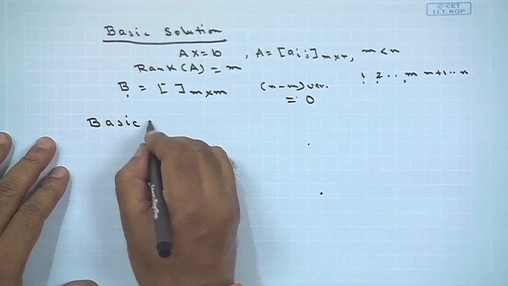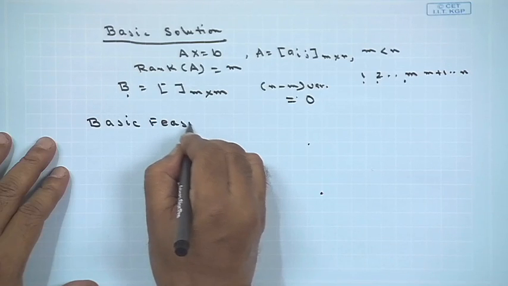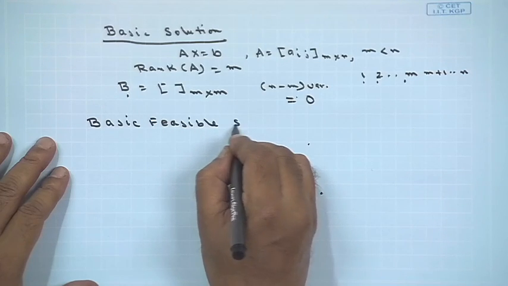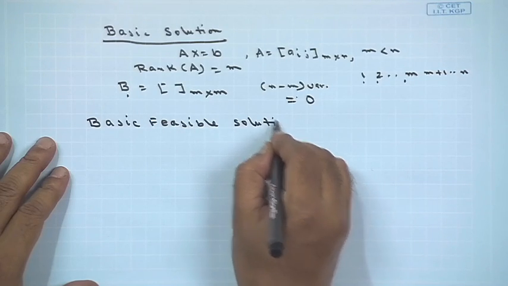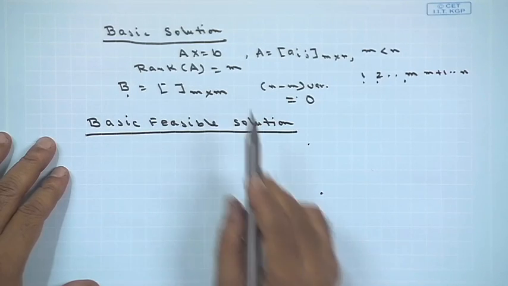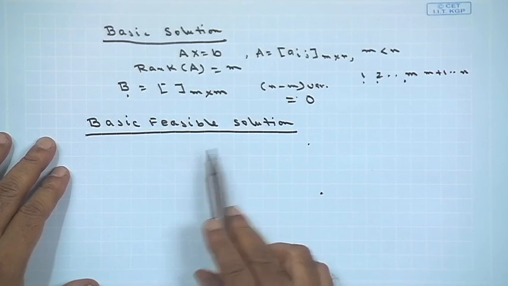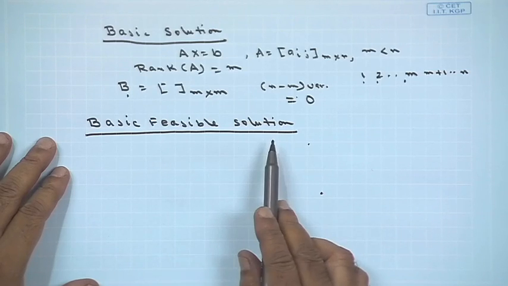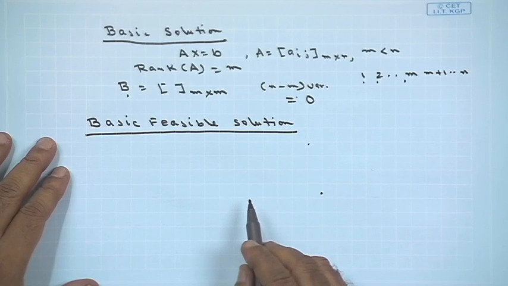Then there comes basic feasible solution. We have done earlier the feasible solution, we have done the basic solution. So, now come to the basic feasible solution. If you remember, feasible solution is the solution which satisfies the constraints.